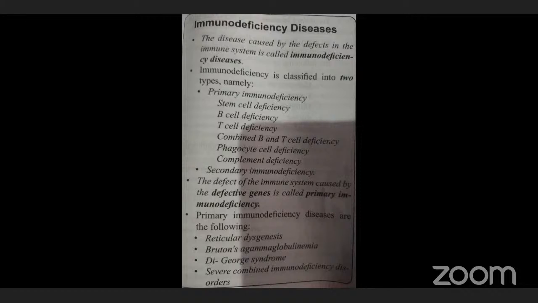The disease caused by defects in the immune system is called immunodeficiency disease. So a defect of the immune system results in depression or hypofunction of the immune system, meaning low-level function of the immune system.